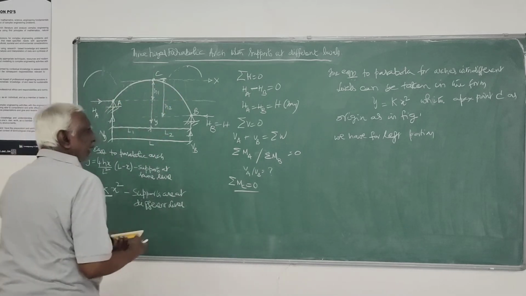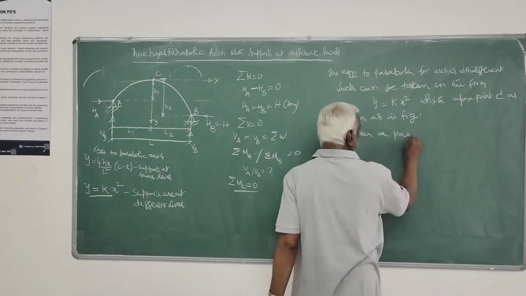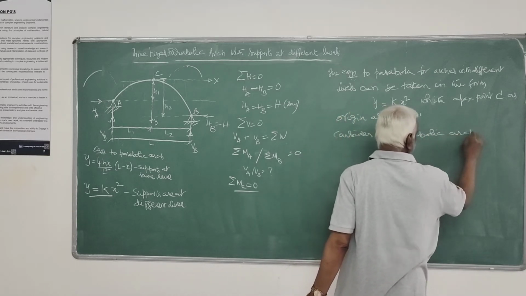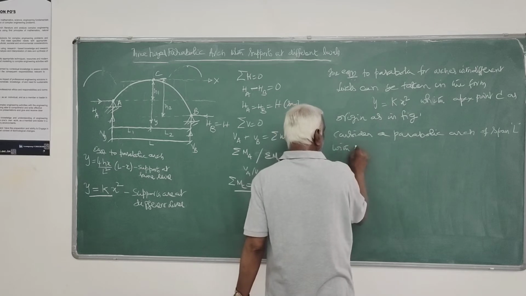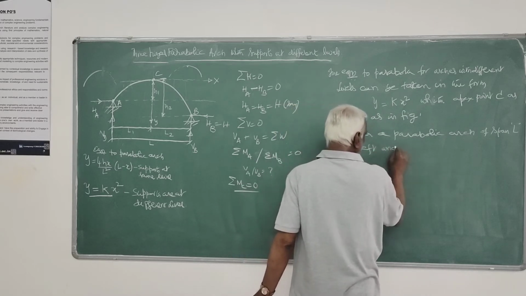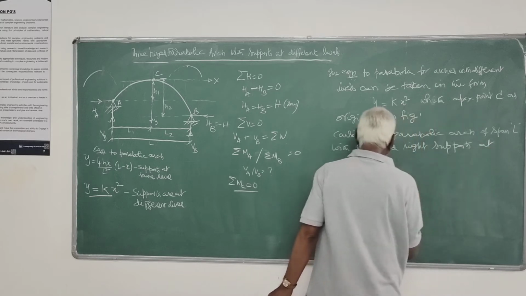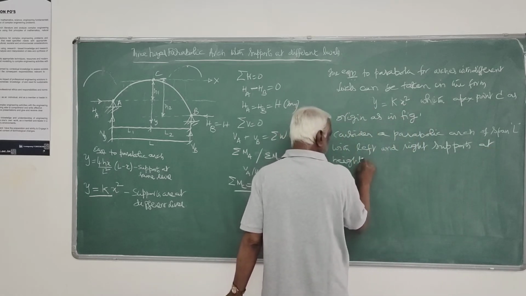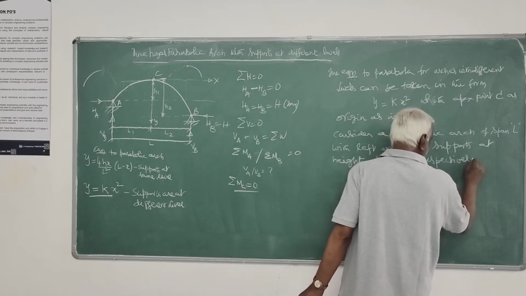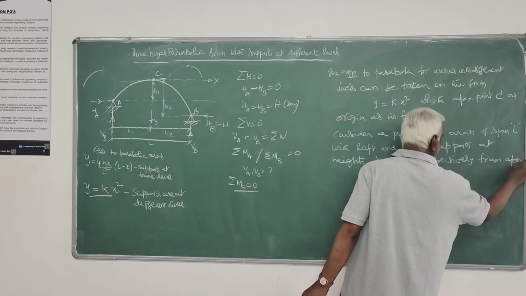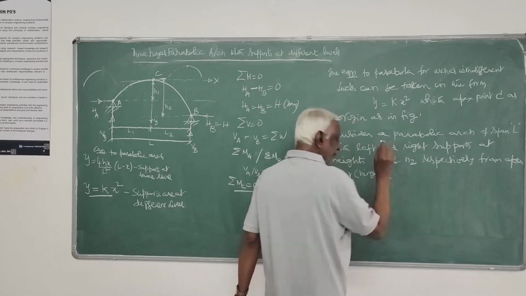So I will just say here, consider a parabolic arch of span L with left and right supports at heights H1 and H2 respectively from apex point C, the apex hinge C, as in figure.